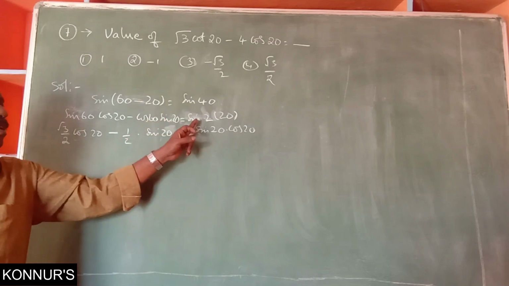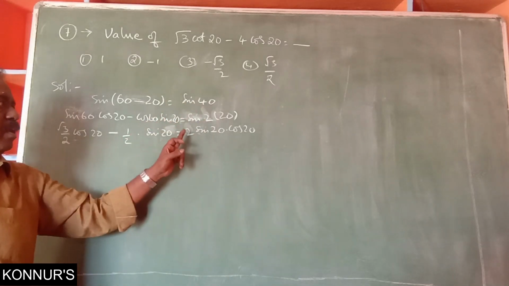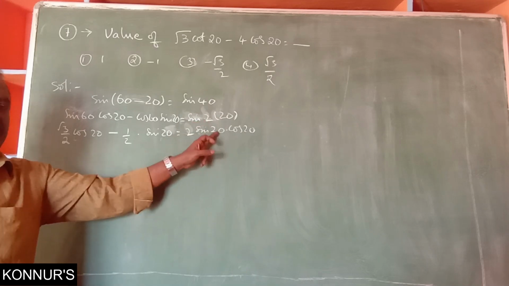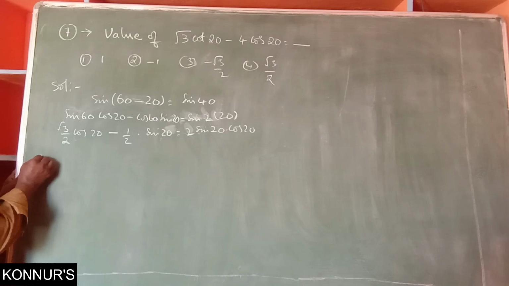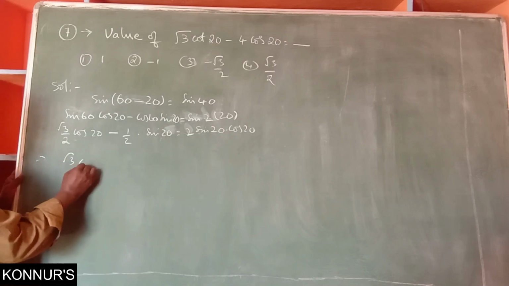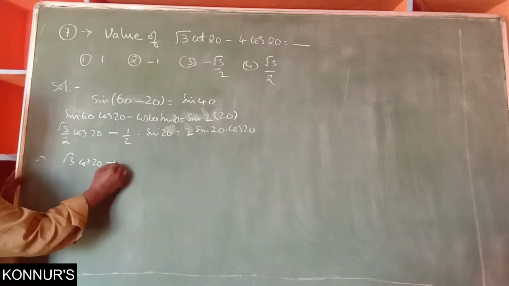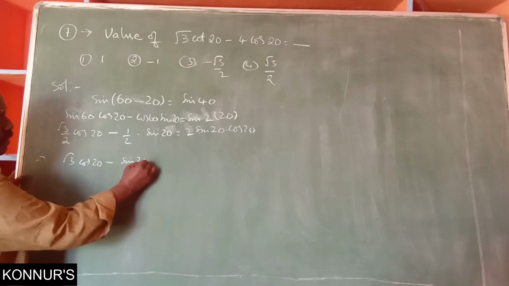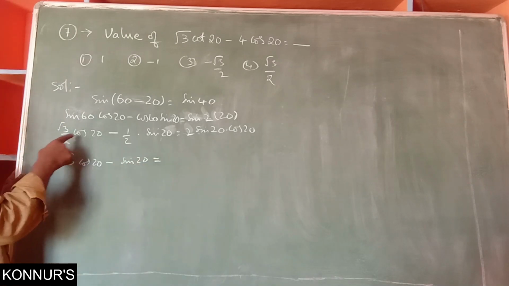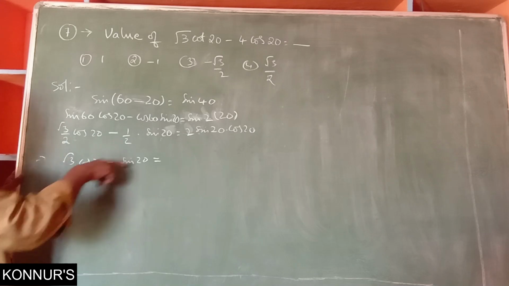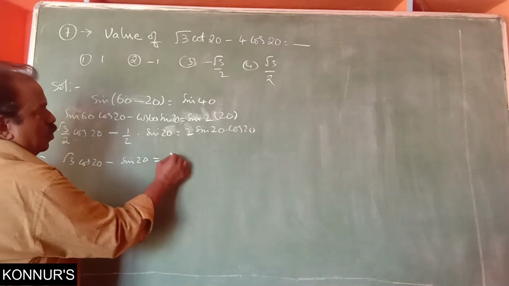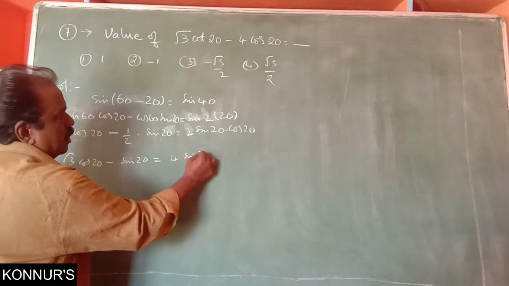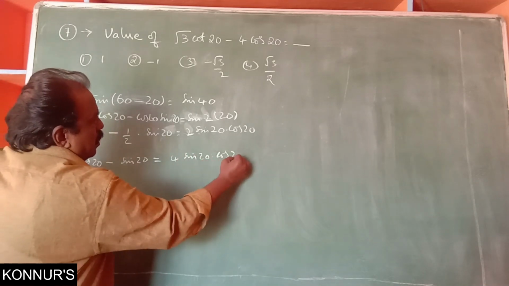That sin 40 is written as sin 2 into 20. It is sin 2a, which means 2 sin a cos a. Now see, it is root 3 cos 20 minus sin 20. Here 2 is the LCM. If we send it to that side, 2 into 2, it is 4 sin 20 cos 20.